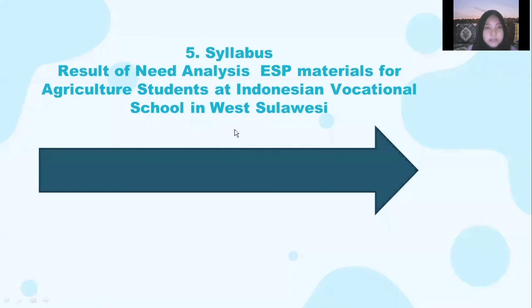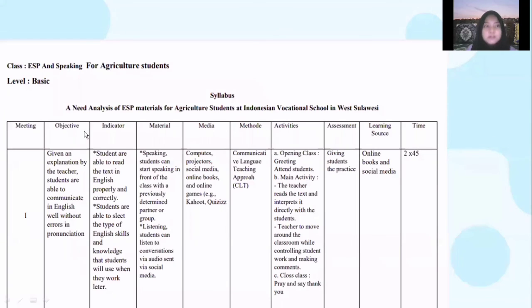The next is the syllabus. Result of need analysis of ESP material for agriculture students at Indonesian vocational school in West Sulawesi. Class: ESP and speaking for agriculture students. Level: basic.